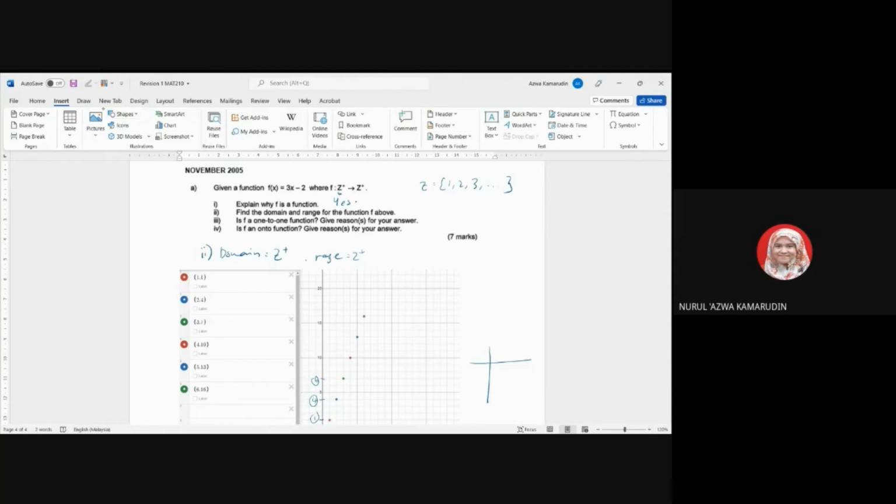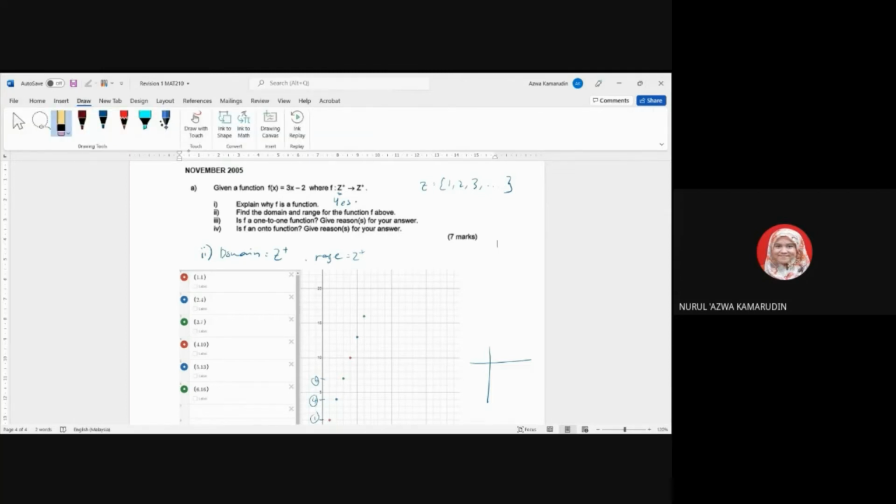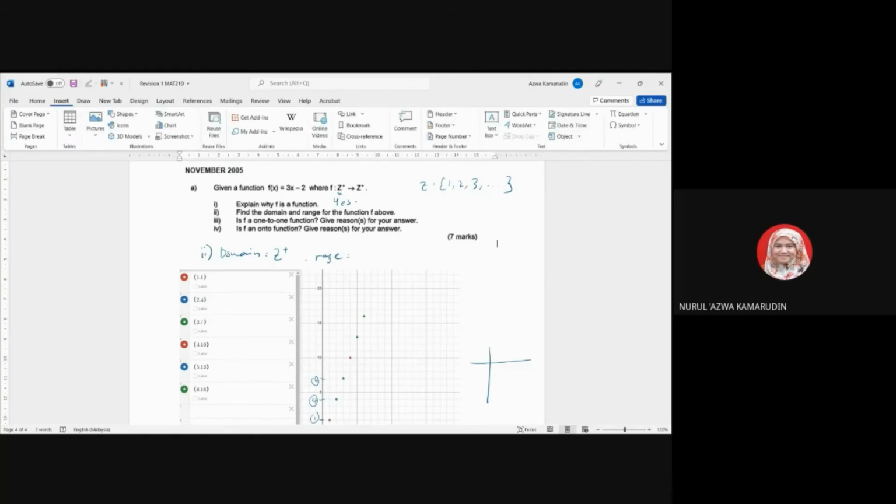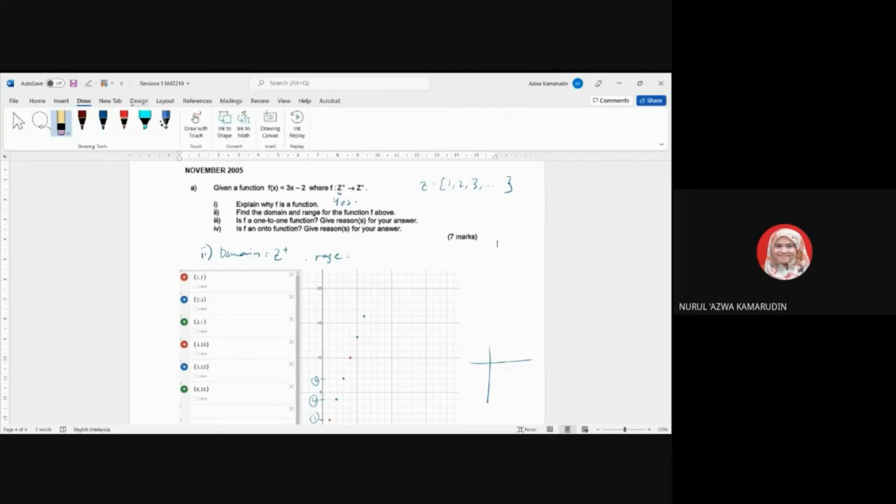You can list the range. The range is from positive numbers, indeed positive numbers: 1, 4, 6, 10 and so on.